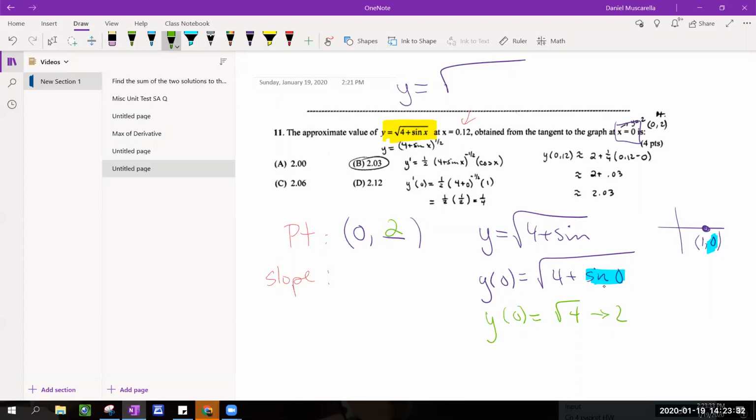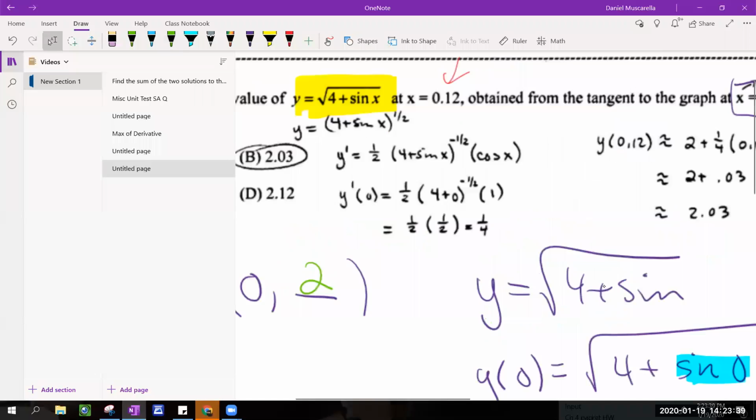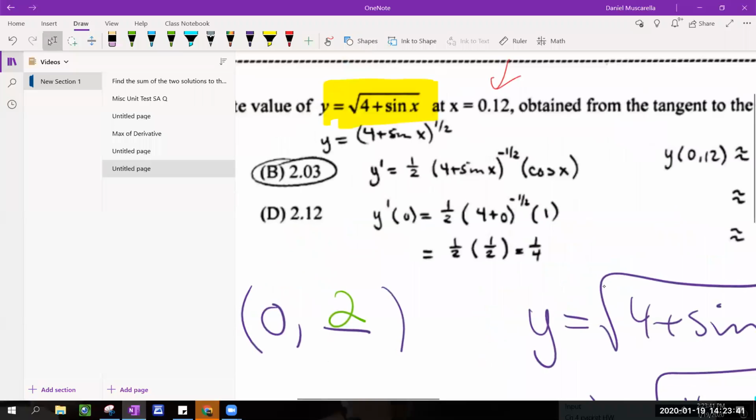So we have our point. Now to get the slope, we're going to take that original function that we have, square root of 4 plus sine of x, and we're going to find its derivative. And be careful. This is why anytime you see the square root function, try to write it as an exponent instead of just having square root of whatever. Write it as an exponent so it's a little bit easier to work with, because then you bring the 1/2 down when you take the derivative.